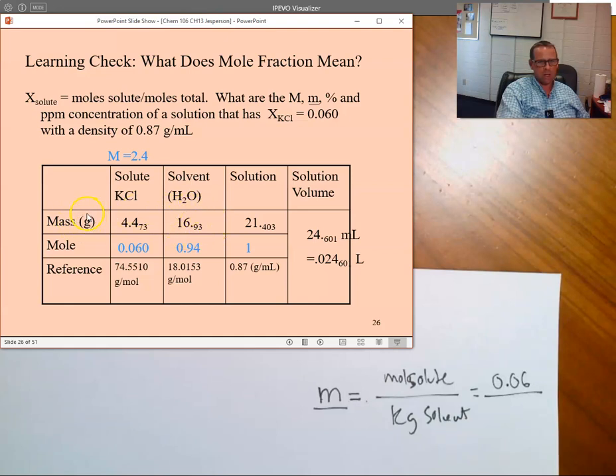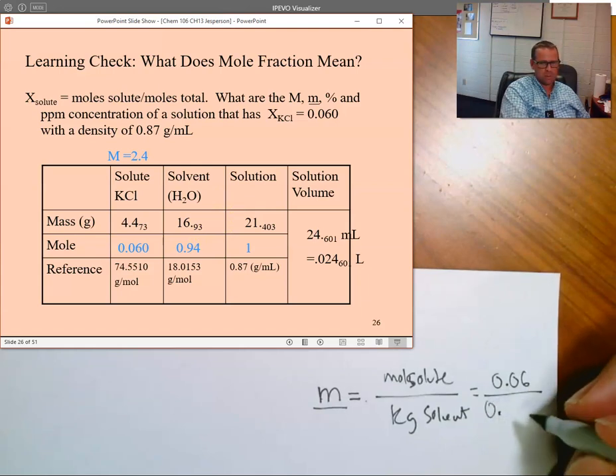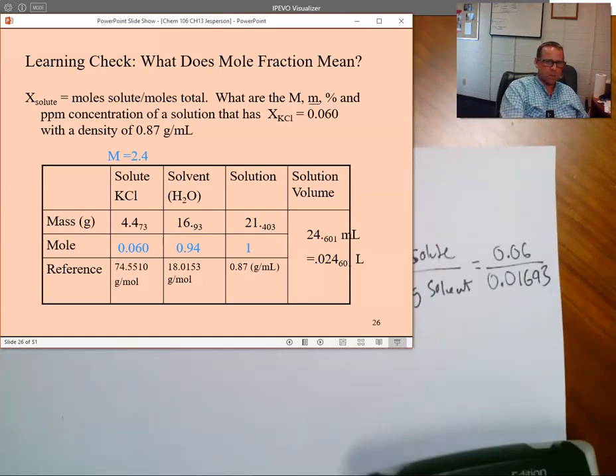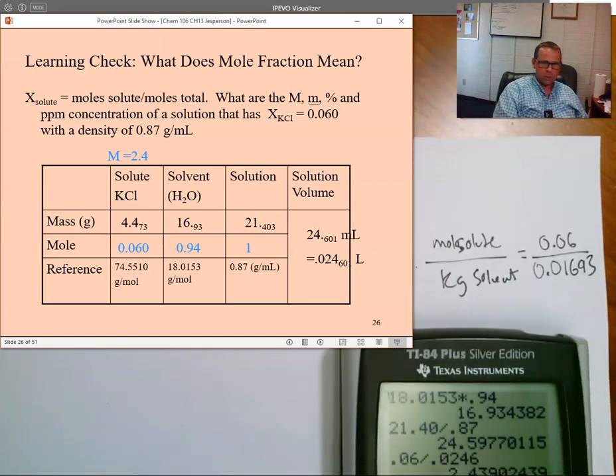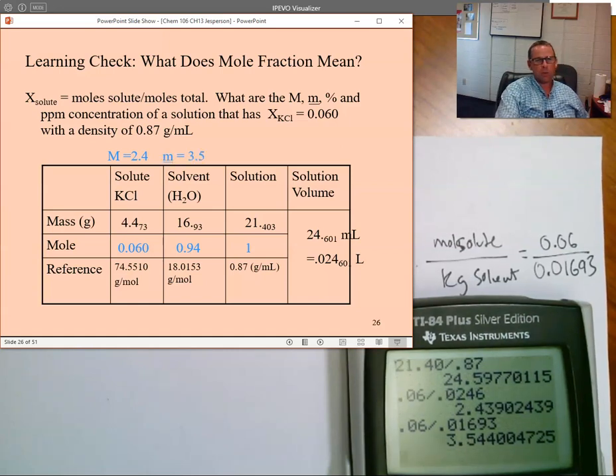It's in grams, though, right? But that's right. We're going to use this 16 to make it kilograms. What do I got to do to make it kilograms? So point zero, point 0.16. Very good. All right. So our moles of solute, 0.06, divided by kilograms of solvent, 0.01693. All right, 3.5 molal.